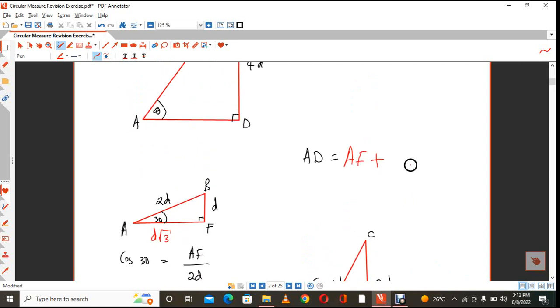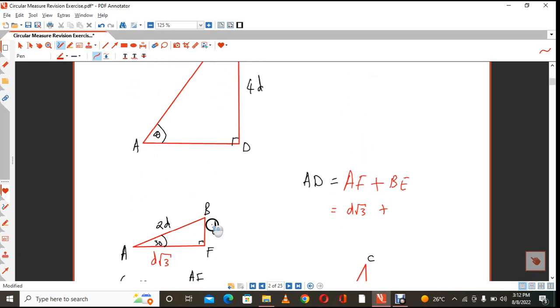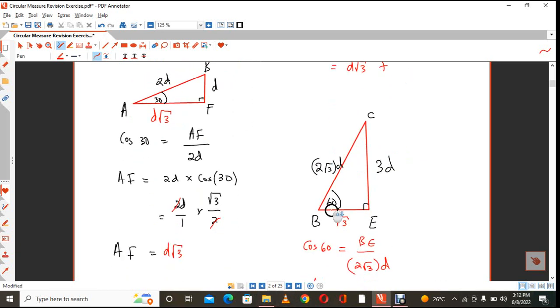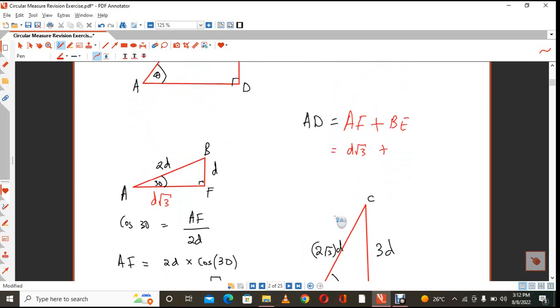AF was D times root 3, as you can see from this triangle, and BE is root 3.